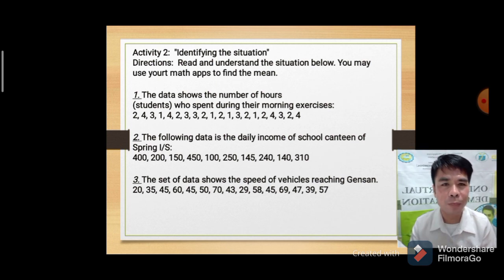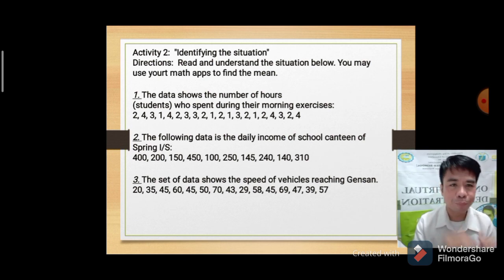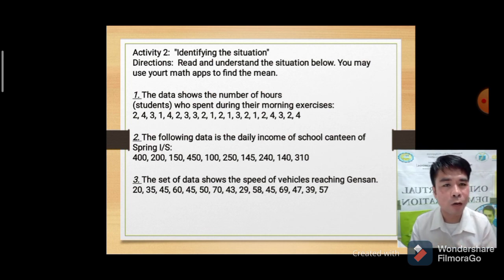For our problem number 2, the following data is the daily income of the school canteen of Spring IS. We have the daily income of 400, 200, 150, 450, 100, 250, 145, 240, 140, and 310.